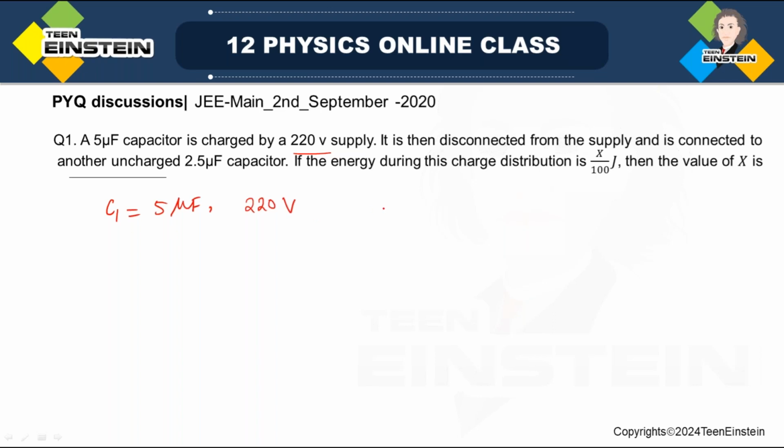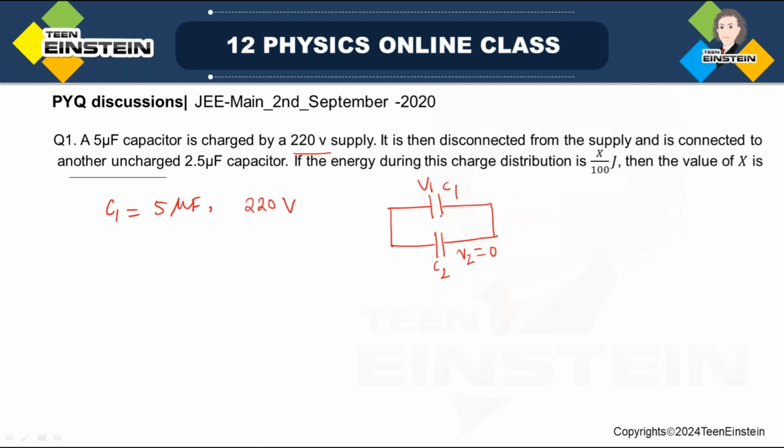Now once you disconnect this capacitor, 5 microfarad C1, and connect it to some other uncharged capacitor C2, I'm saying this voltage to be V1 and V2 is 0 at this stage.